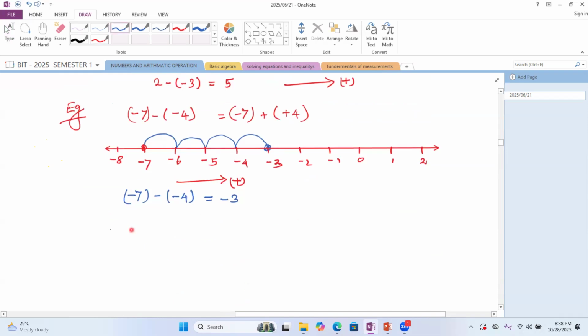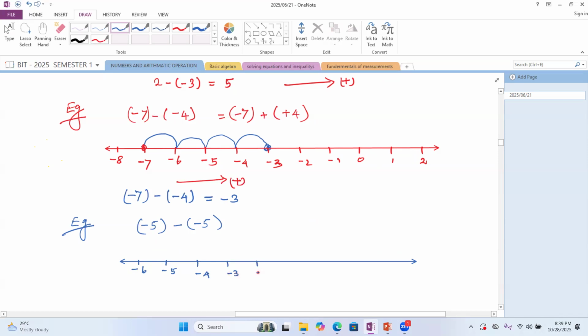And another example: subtract -5 from -5. Now, the number line: -6, -5, -4, -3, -2, -1, 0, 1, 2.